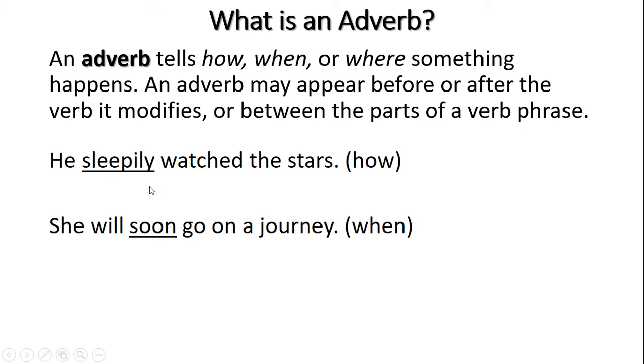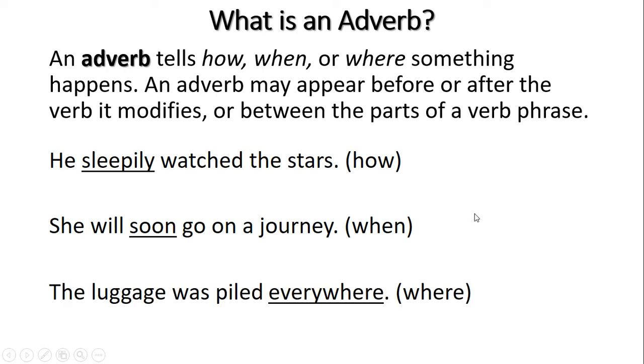It's right in the middle. So here, the adverb was right in front of the verb that it modifies. In this sentence, it's actually found in between the verb phrase. Okay, so sometimes that's what makes adverbs a little tricky, because they're not always found in the same spot every single time. Here's our next sentence.